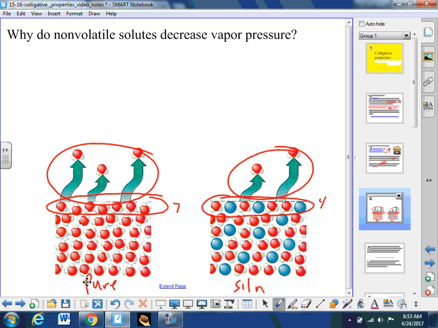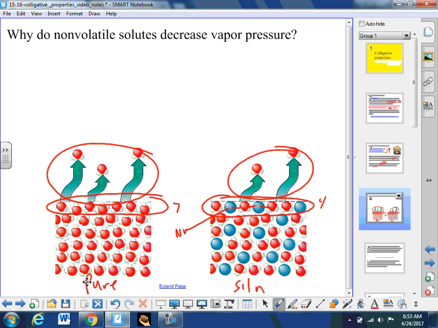So some of the non-volatile particles, represented by the larger circles here, cannot escape, and they occupy some of the surface positions that will block the water molecules from being able to escape. Plus, we must remember, if these are non-volatile solutes that are dissolved in water, they must be polar. And if they are polar, they're going to bond to the water molecules.